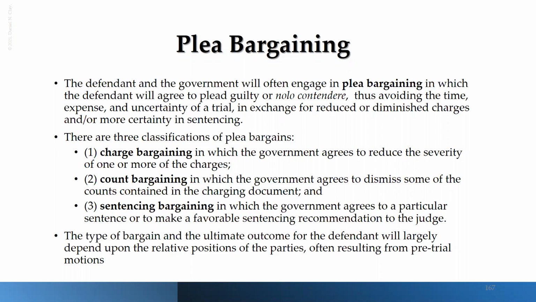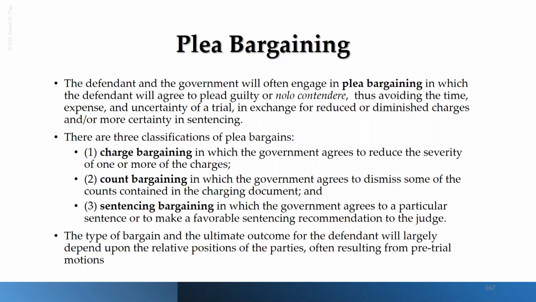In doing so, they avoid the time, expense, and uncertainty of a trial in exchange for an agreement by the prosecution or the government for reduced charges, diminished charges, or more certainty in sentencing. So you plead guilty so we don't have to go to trial, but we're going to give you something for it.